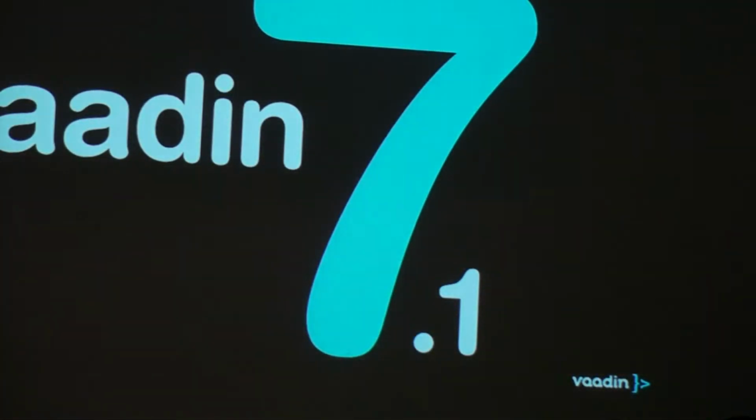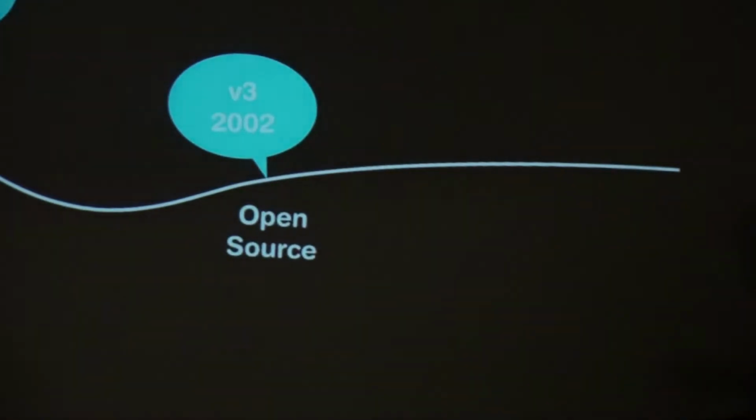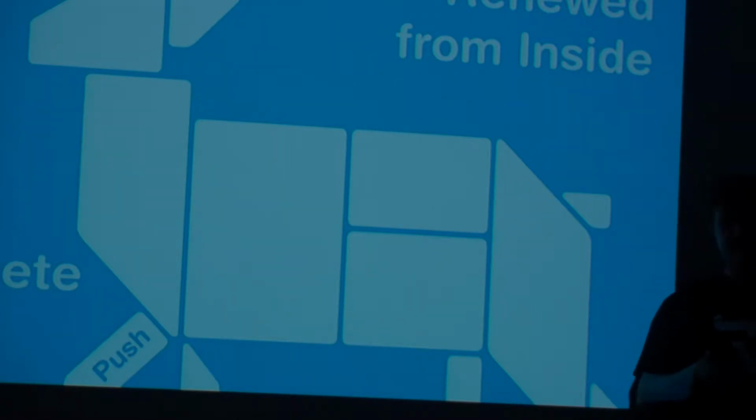So what's happening with Vaadin lately? The newest version, Vaadin 7.1, builds on top of, I would say, the biggest renewal of Vaadin in recent years. The whole framework was started in 2001 already, so it's a pretty old framework, and we had a lot of dust piling up in the corners of the framework.